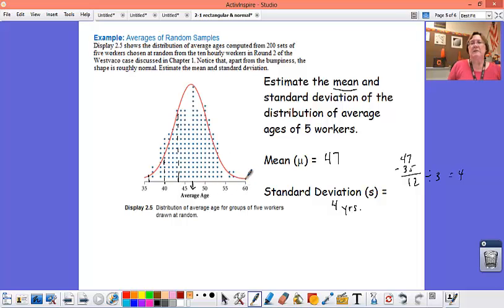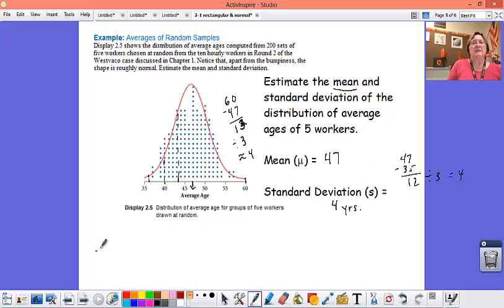Does that work up here too, you might be asking? We'll try it. Up there it was 60. If we take away the mean, 47, that's also roughly 12, it's 13. So if we divided that by 3, again, we'd end up with about 4 for a standard deviation.